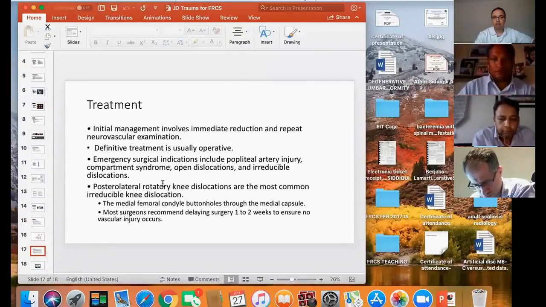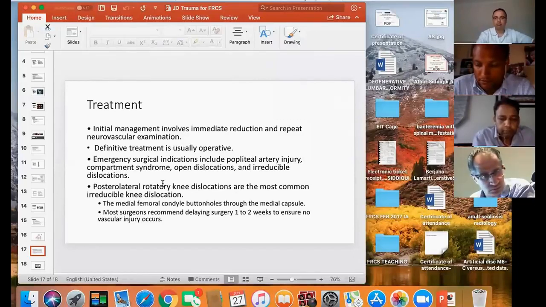So when it comes to knee dislocation, remember three things: whether it's high energy or low energy. Remember whether there is any skin change suggestive of buttonholing through the capsule. Remember whether there is any arterial injury or not. Talk about the ankle-brachial pressure index, ABPIs or ABIs. Talk about 0.9. Remember 0.9.